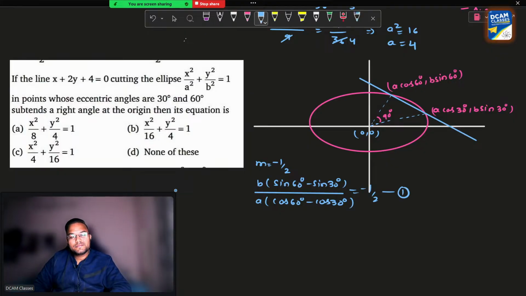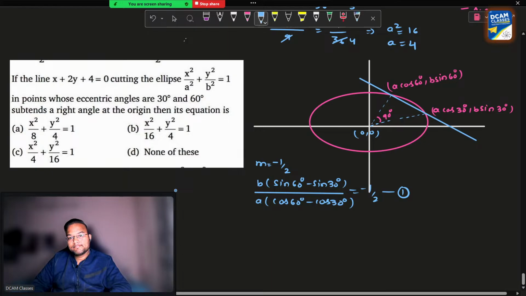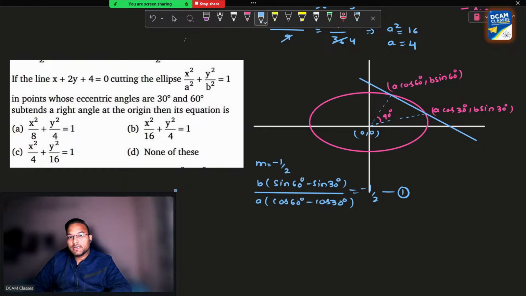Now what? Right angle at the origin. Okay.